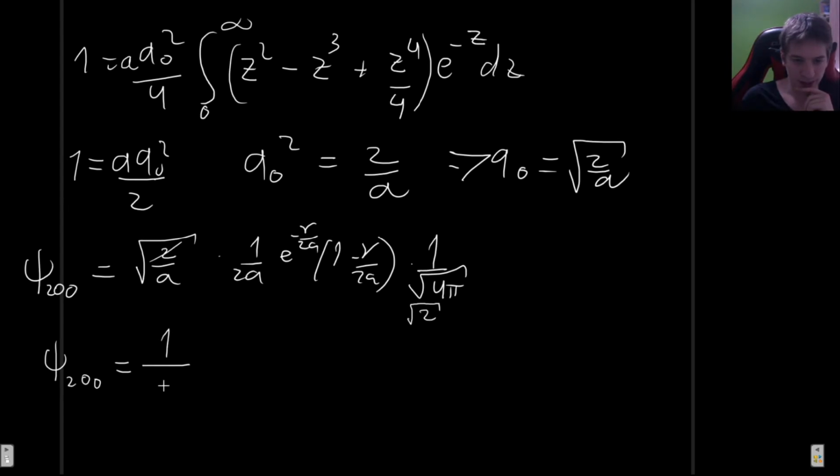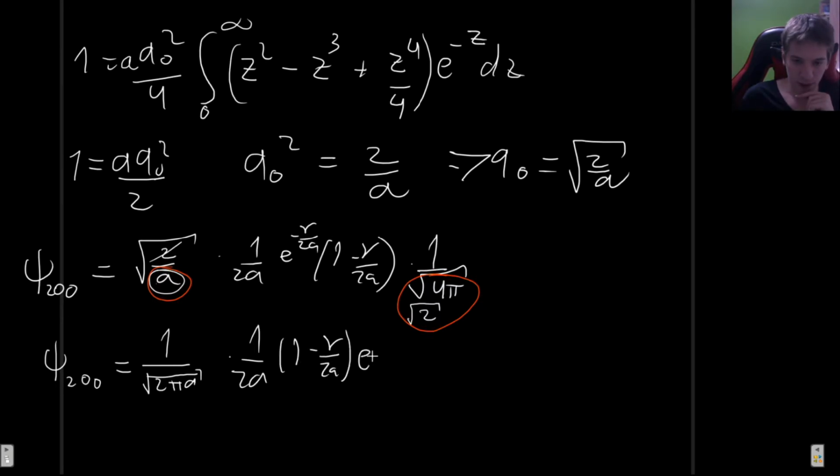So we will get square root of 2 pi a, but including this a, we use this, and also I'm going to use red maybe. So these two parts are the ones that we just used. Then we still have this 1 divided by 2a and 1 minus r divided by 2a, e to the minus r divided by 2a. And this right here is the wave function for the state psi 2,0,0.